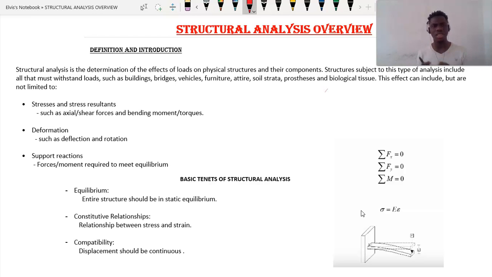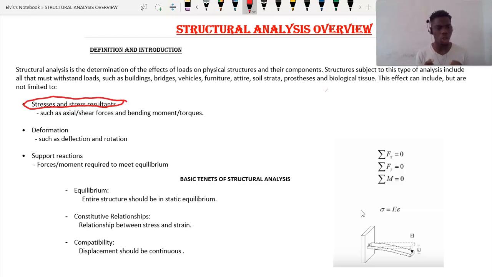Structural analysis is the determination of the effect of load on physical structures and their components. Due to the effects of this load, these structures are going to have what we know as stresses or stress resultants, right? Because due to this load, the structure is going to receive some stress.